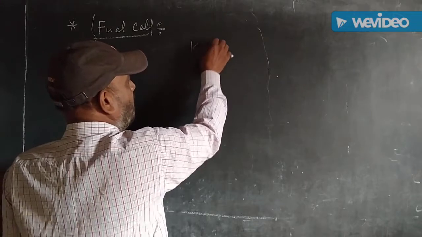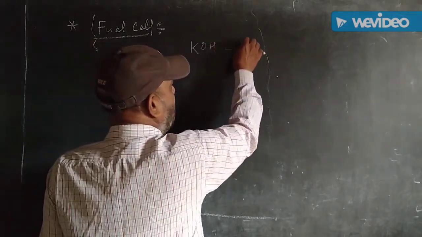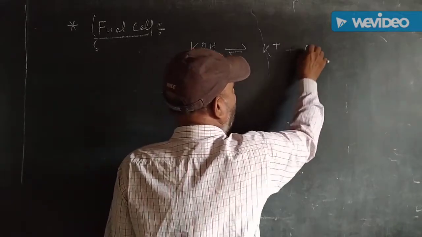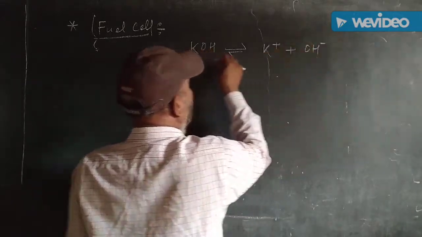KOH, that is the electrolyte, decomposes to give K+ and OH minus.